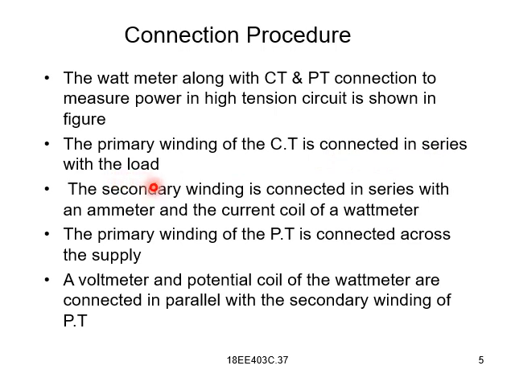The secondary winding is connected in series with an ammeter and the current coil of a wattmeter, that is CC. The primary winding of the PT is connected across the supply, and a voltmeter and the potential coil of the wattmeter are connected in parallel with the secondary winding of PT.